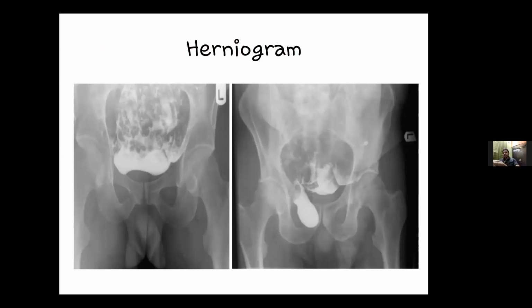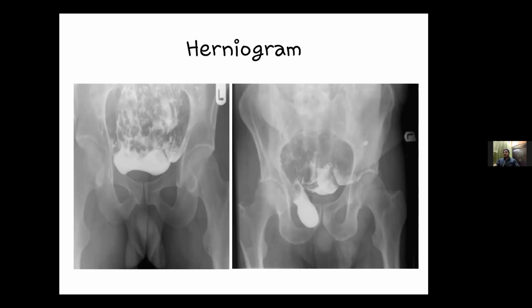Sir, the image on the left side is a normal patient. The image on the right side is a case of right-sided direct hernia, sir. So herniagram tells us whether there is a bulge in the peritoneum, I mean the hernial sac, and how far it extends.